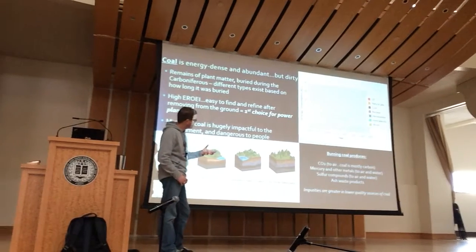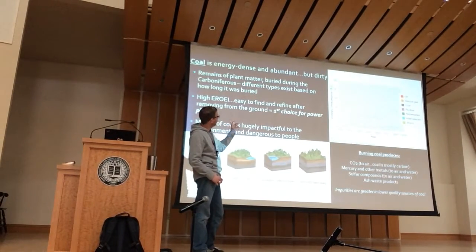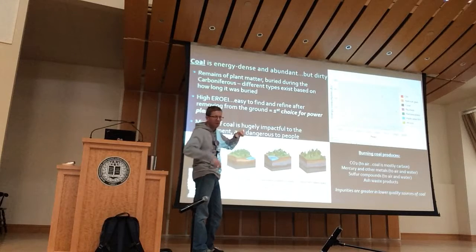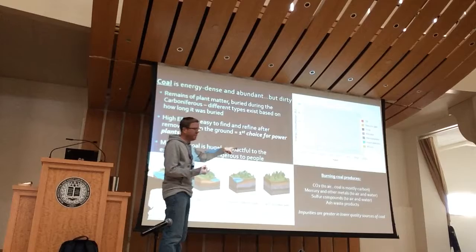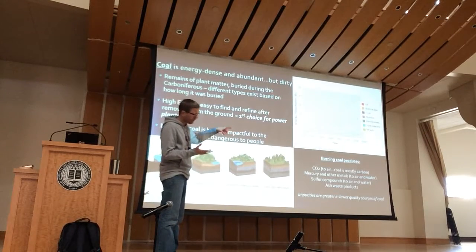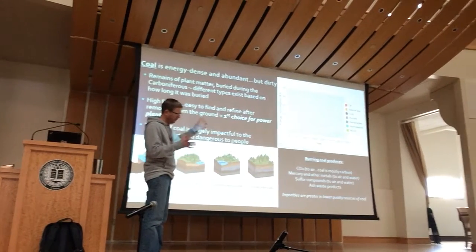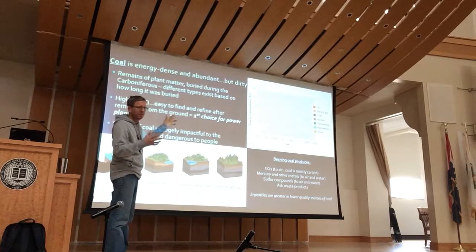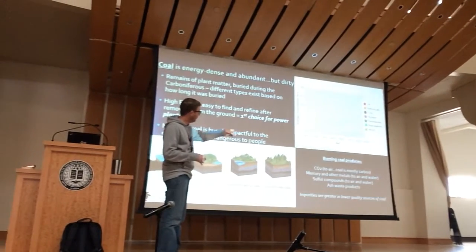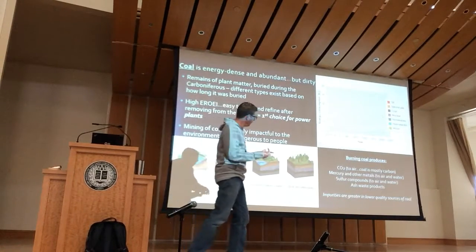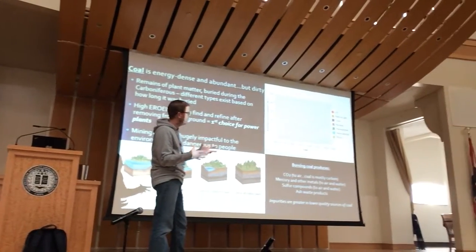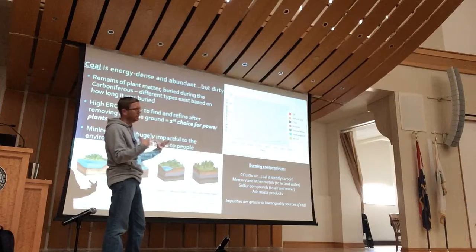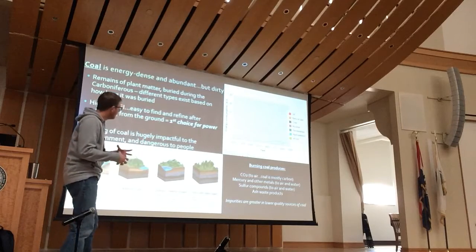But all of them are what we're going to call the dirtiest of the fossil fuels. And the reason we say that is because it's not just about carbon dioxide, which is a greenhouse gas and the driver of climate change, as we understand it, but it's these other things. The heavy metals like mercury and these sulfur compounds that end up in the air and the water that have really detrimental effects to living things.